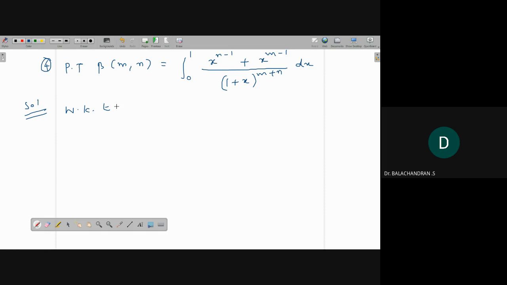Okay. So now I am going to start from the known result. The known result is we know that beta of m comma n, beta function in terms of infinite integral, is integral 0 to infinity x power n minus 1 by 1 plus x whole power m plus n dx. So already we know this result. Now the left hand side is beta of m comma n.